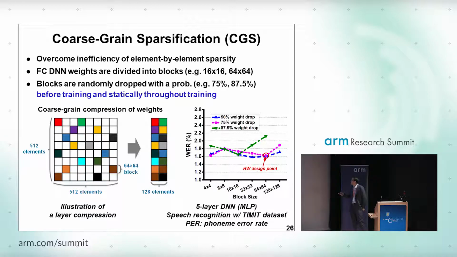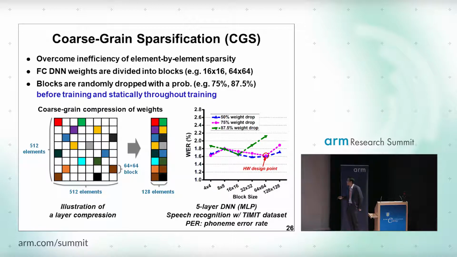There are a couple design parameters that we are investigating here. One is the block size, how large the block is going to be, which is going to directly affect the index size at the end, and then how much weight drop we are going to apply in each block row.